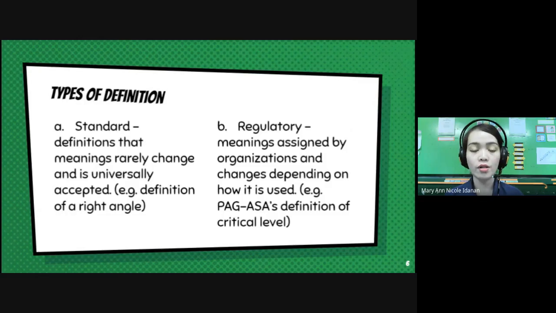But if we are using critical level in school, for example, critical level of thinking, it has a different meaning. And for example, if we have the term critical level in the hospital or in the emergency room, there is also a different meaning of that. It can be that the person is between dying and living, so it can be like that. So it depends on the organization, and that is what you call regulatory.